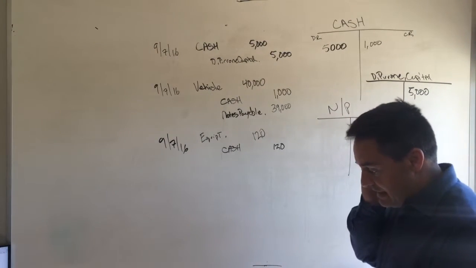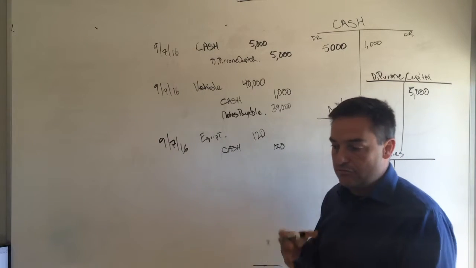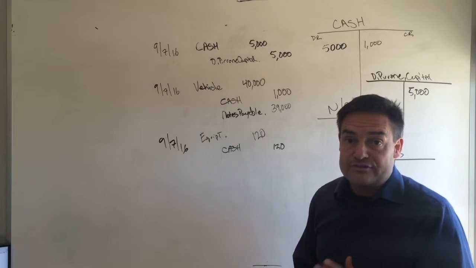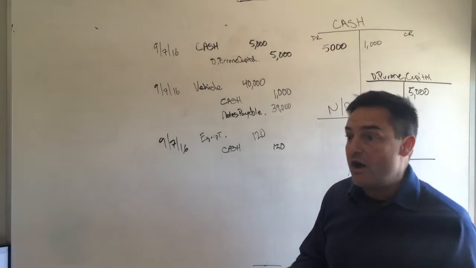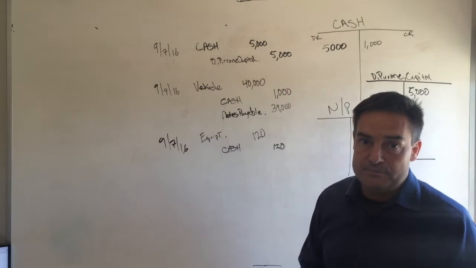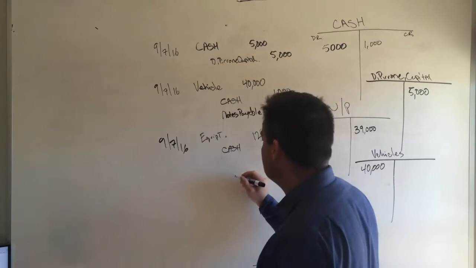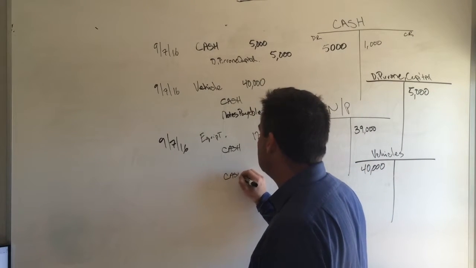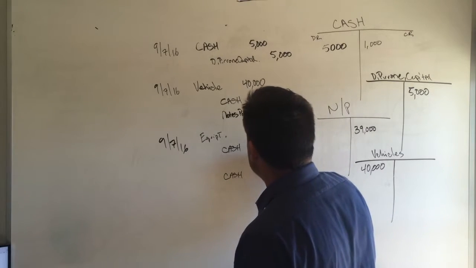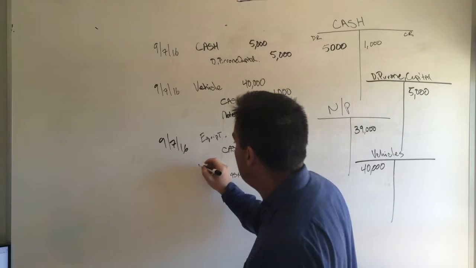Next thing that we did is we figured out we needed to do some advertising, so we went and got a big stack of flyers. The flyers cost us $200 at Office Depot, and we wrote a check to Office Depot for those flyers. So again, write a check for $200, credit cash for $200, and if you credit something for $200, you're going to have to debit something for $200.